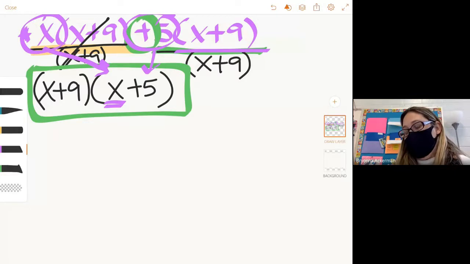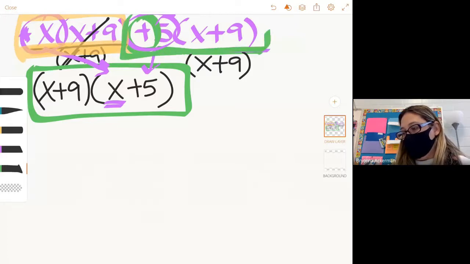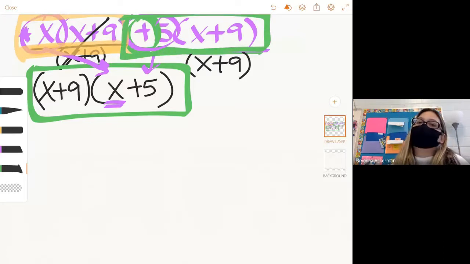Because remember, that was my greatest common factor for both the yellow term and this green term. Lots of greatest common factors, yep.